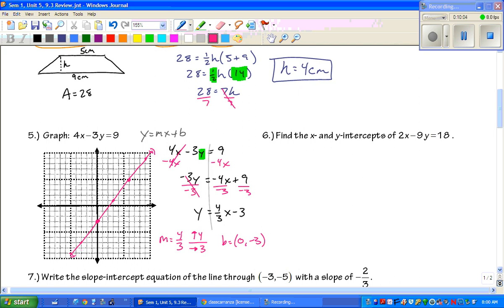For number 6, it says to find the x and y-intercepts. So when we're finding the intercepts, one of the numbers equals 0. So x-intercept, y-intercept. We have to do the equation twice. So I'm just going to rewrite each one of these 2 times.